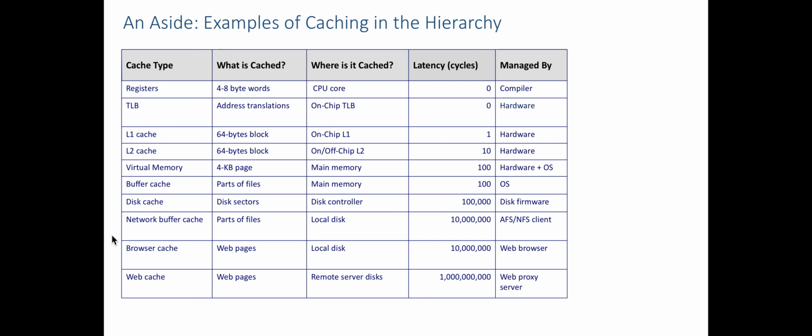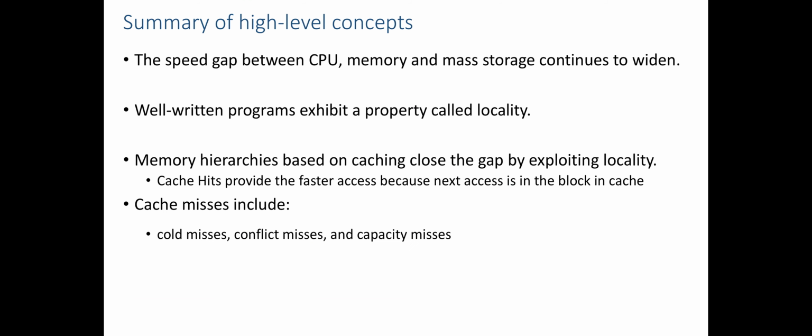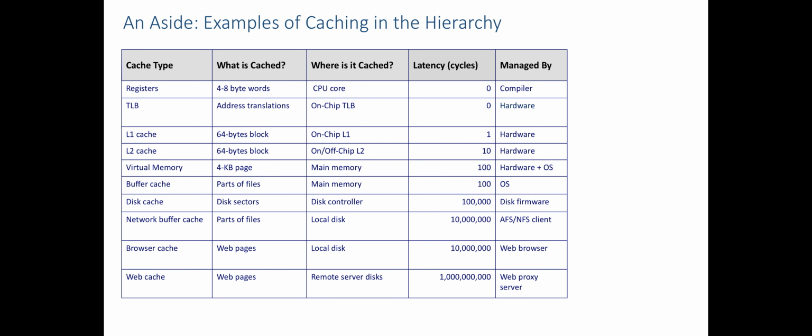And then at the lower levels, the network will buffer parts of files that it's sending over. In your browser, there are web pages that get cached onto your machine so that they can be read more quickly when you access them often.